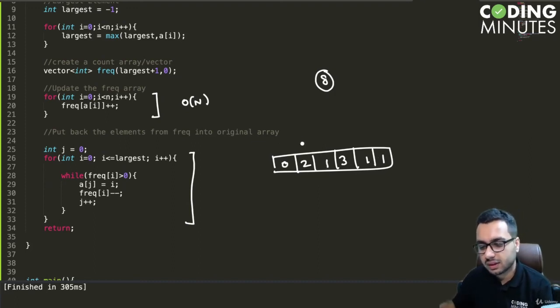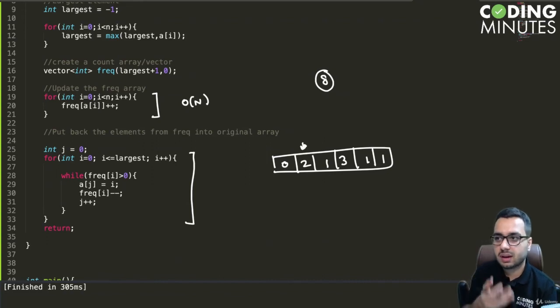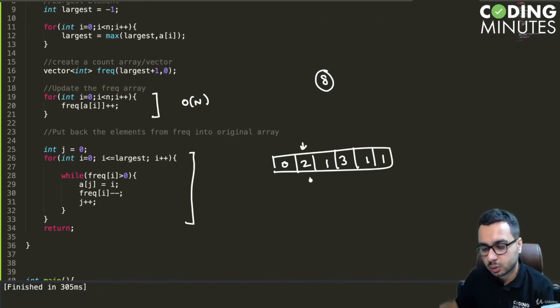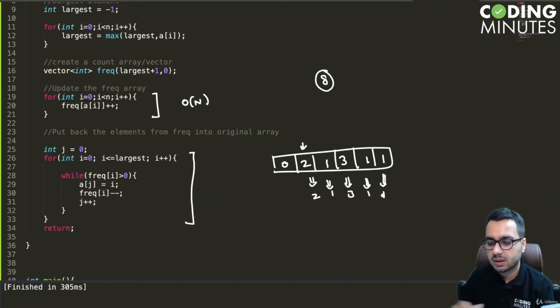So what we are doing, we are going to this position, we are emptying the array. So at this position the loop will run 2 times, here it will run 1 time, here it will run 3 times, here it will run 1 time, and here it will also run 1 time. So 3 plus 2, 5 plus 3, 8.